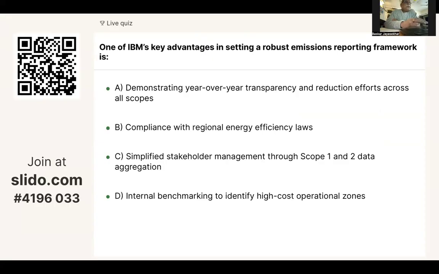One of IBM's key advantages in setting a robust emissions reporting framework is... Good, Gaurang. You are also going well.